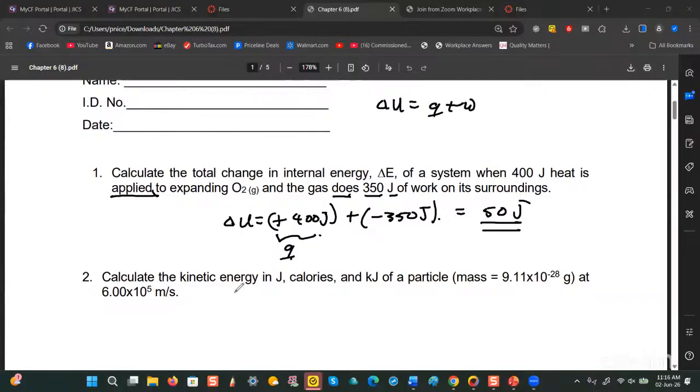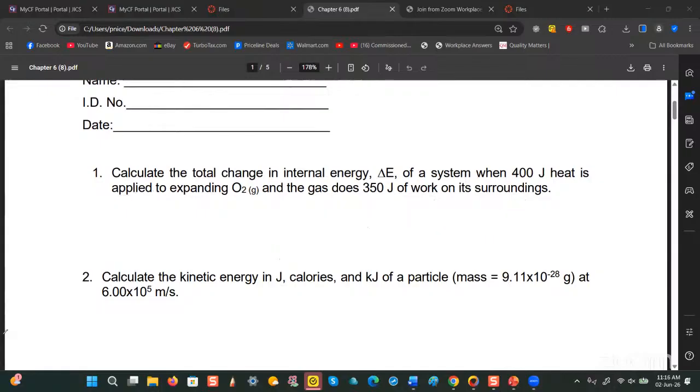Number 2 says, calculate the kinetic energy in joules, calories, and kilojoules of a particle, and it gives you the mass and the velocity. So let me clear this and scroll down.